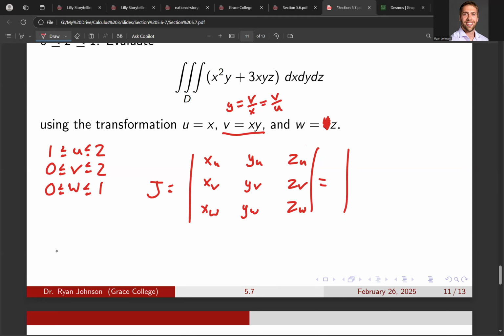Here, the x derivatives are just 1 and zeros, and the z derivatives are 0, 0, 1. The only ones that are interesting are the ones involving y. Y has no w, so they have a 0 there.